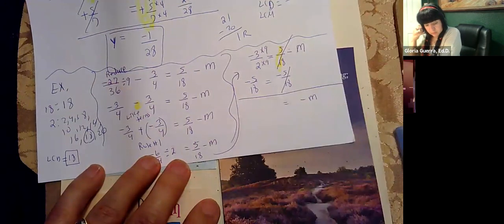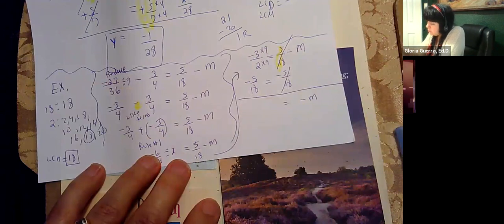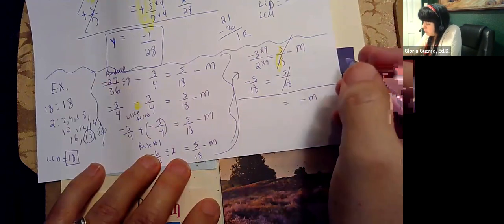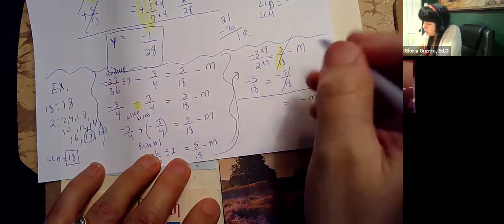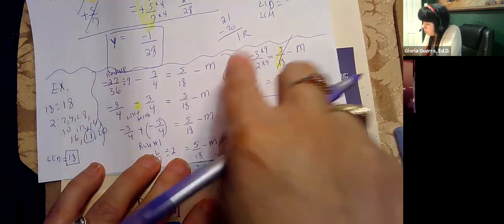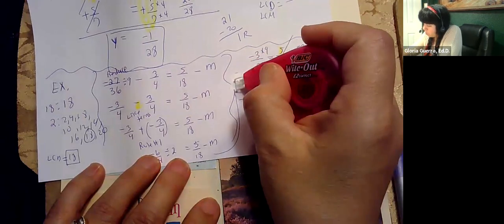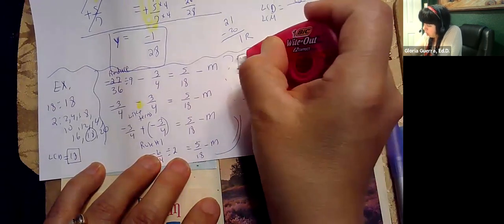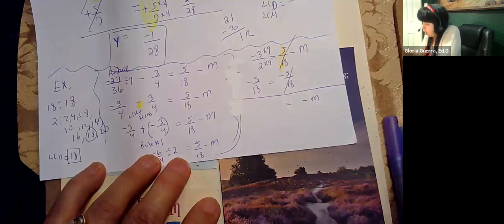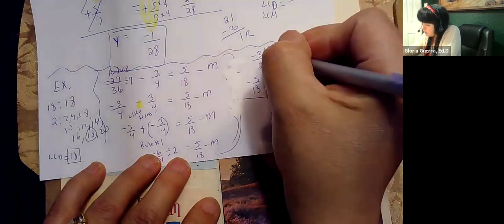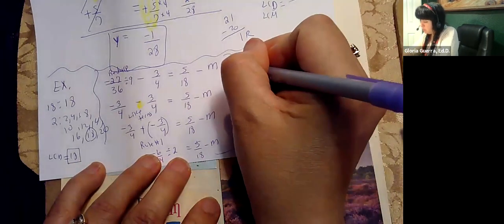Let's see, I'm running out of room to write that, so we should put it right here. So -3 times 9 is -27.